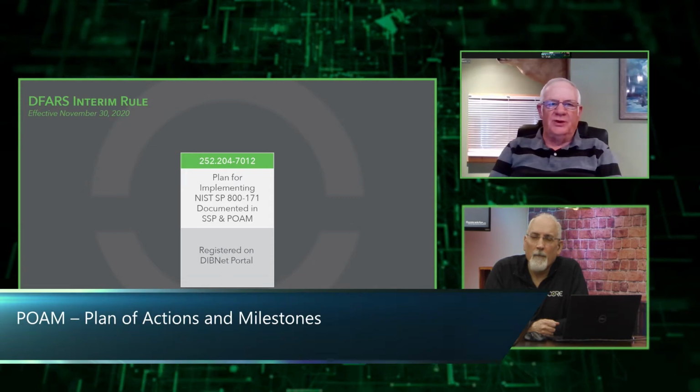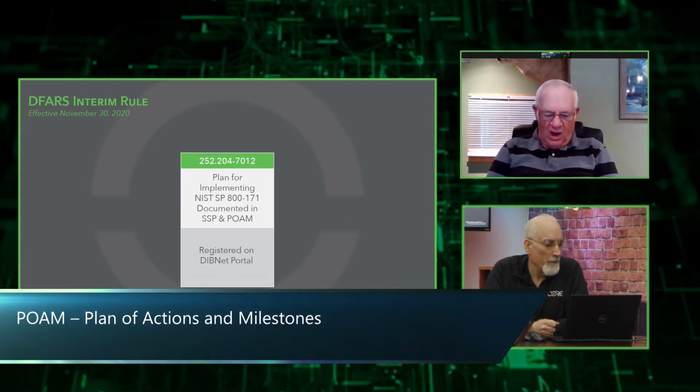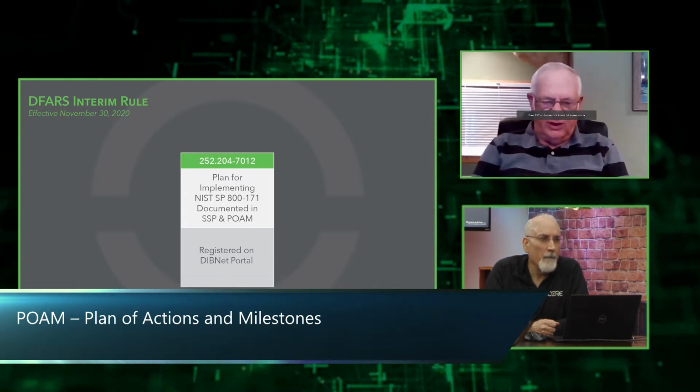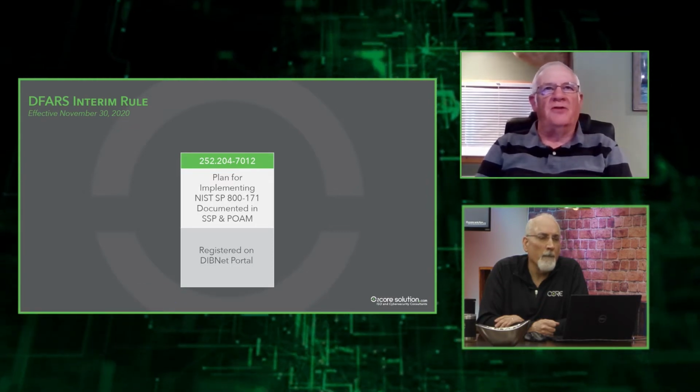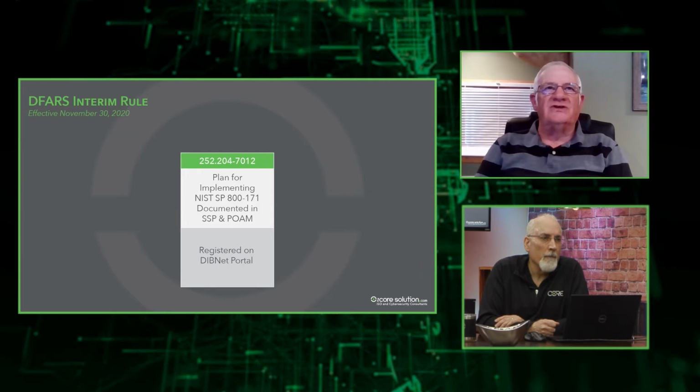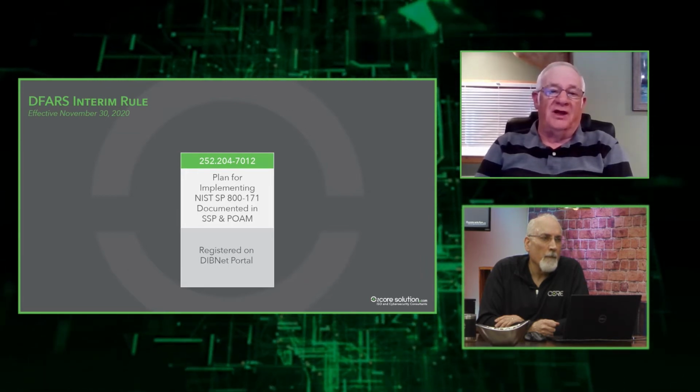And so as we create this system security plan document, we address those two areas, come up with what we're missing and a date that we plan to get everything in place. So this is a compliance, not a certification. We have to have a plan to get there where we have all of the controls in place. And there's 110 controls, as you mentioned earlier.